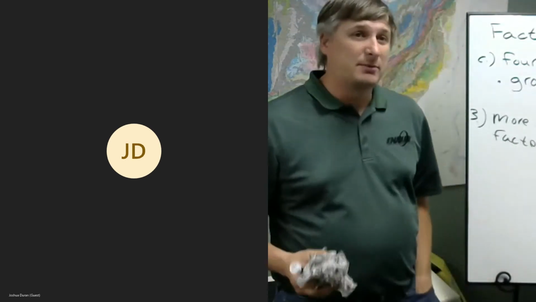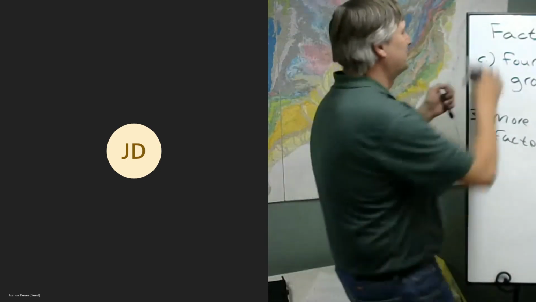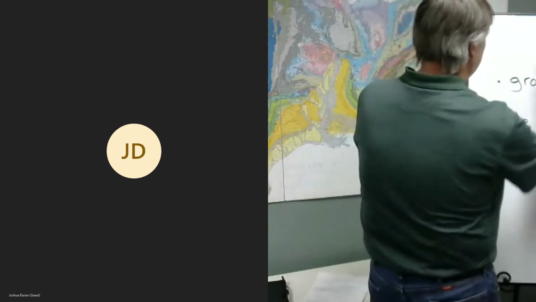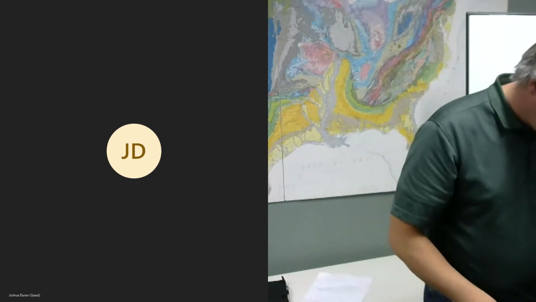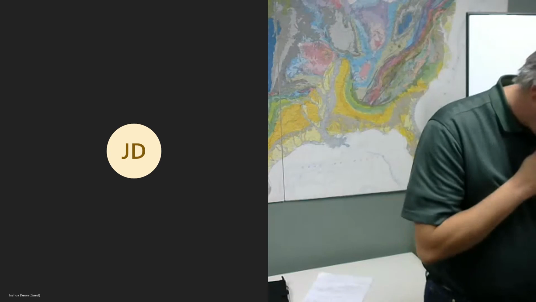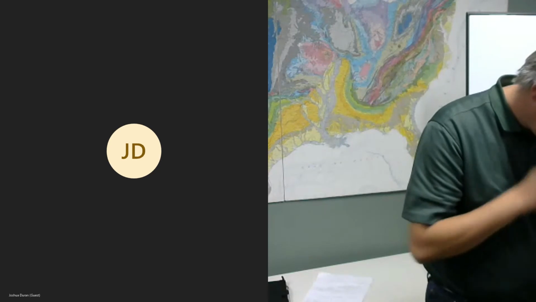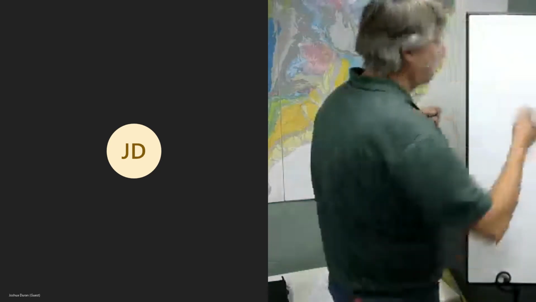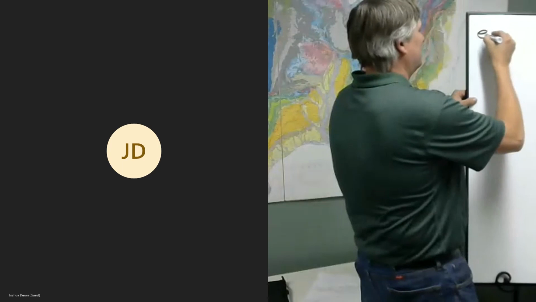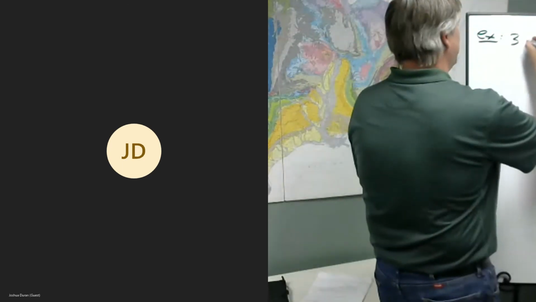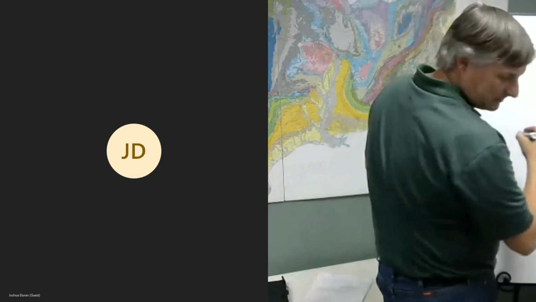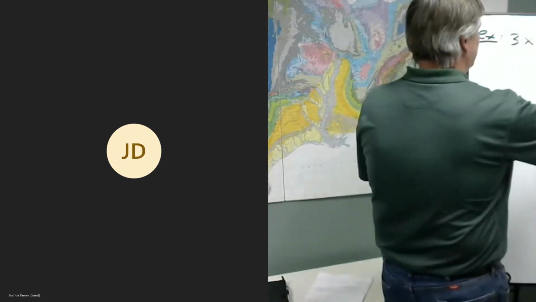So let's do some examples. Let's see what this looks like. So let's say we've got 3x to the 10 plus 3x.